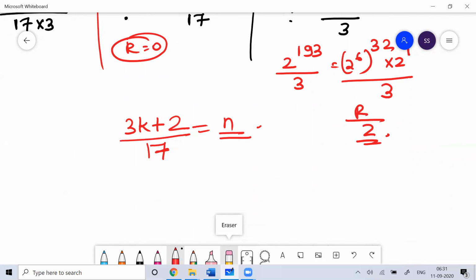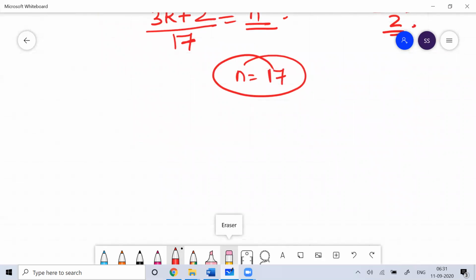If I put k as 5, then 5 into 3 is 15, plus 2 is 17. So the number is 17, and the remainder for this problem is 17.